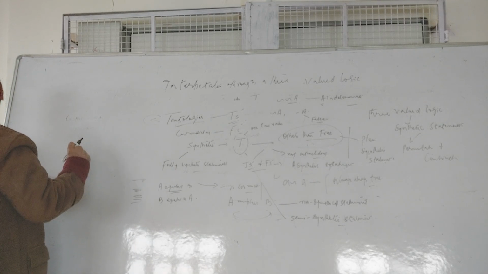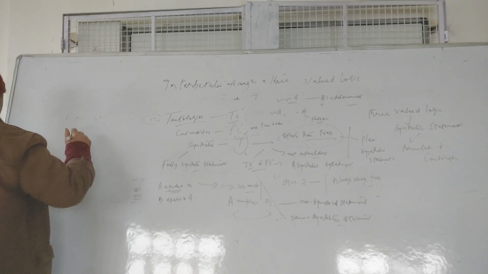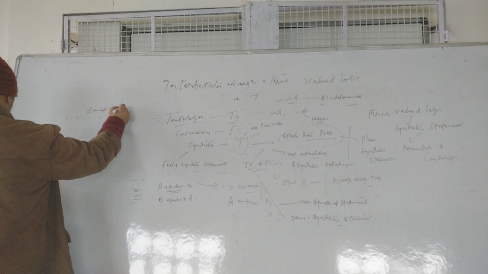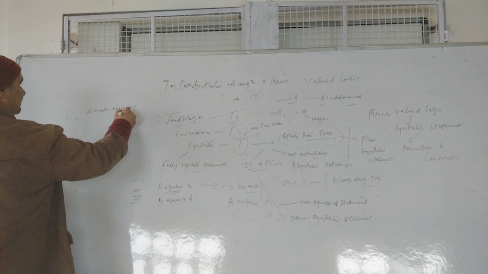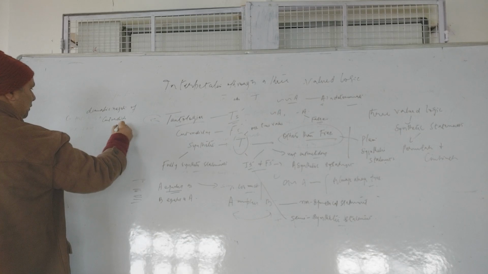A truer statement can be constructed, for example, the diametrical negation of a contradiction is a tautology.